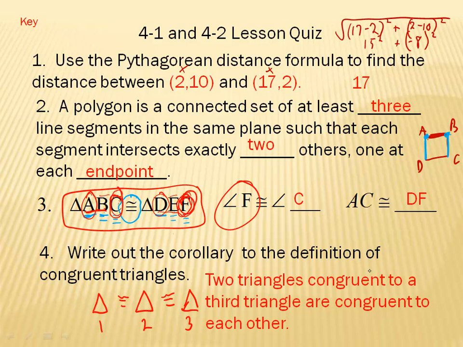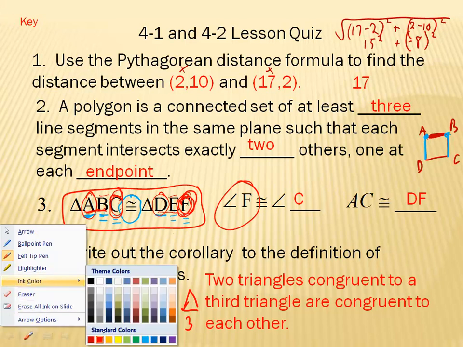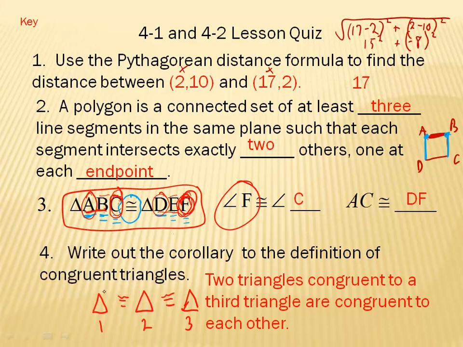So two triangles congruent to a third triangle are congruent to each other. So which two are we talking about here? Okay, two triangles congruent to a third triangle. Triangle 1 and triangle 3 are congruent to triangle 2. Because they're both congruent to the same triangle, they have to be congruent to each other. So in this case, we could say triangle 1 is also congruent to triangle 3.